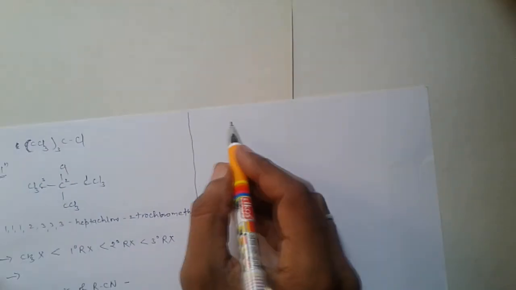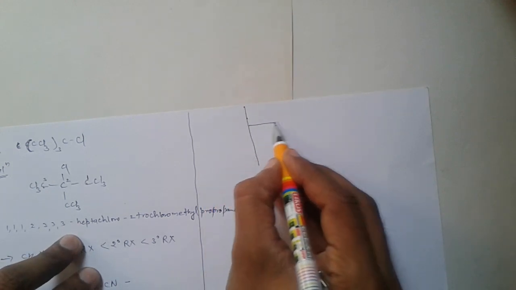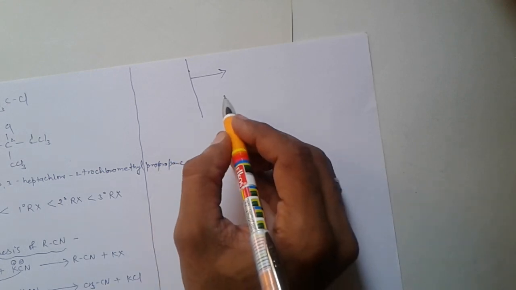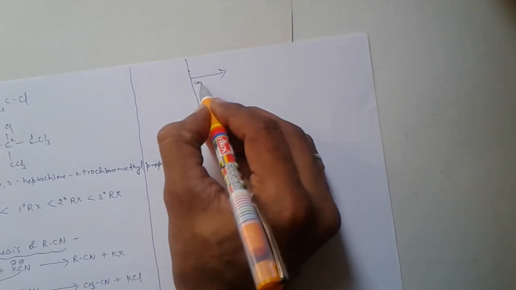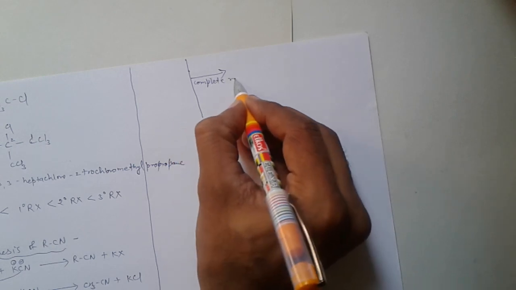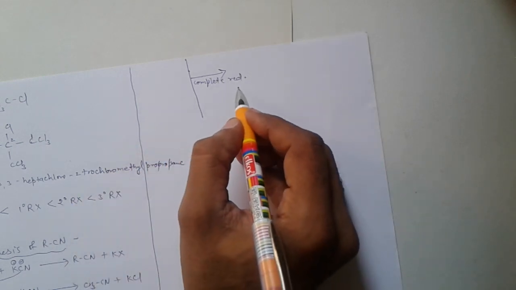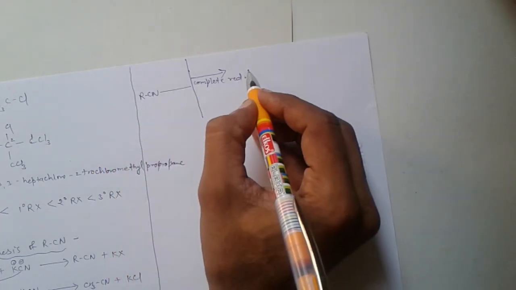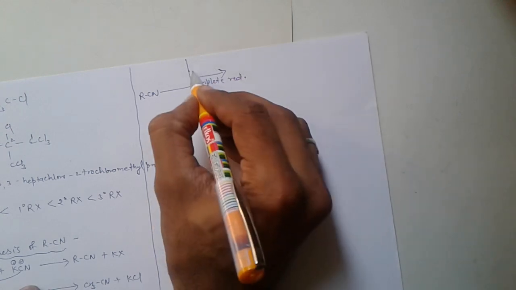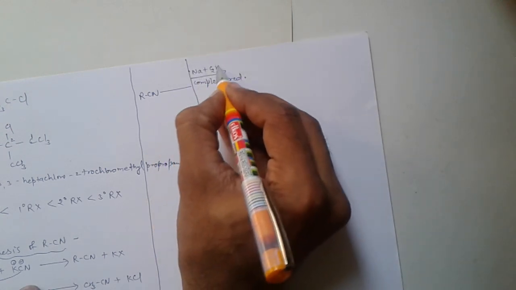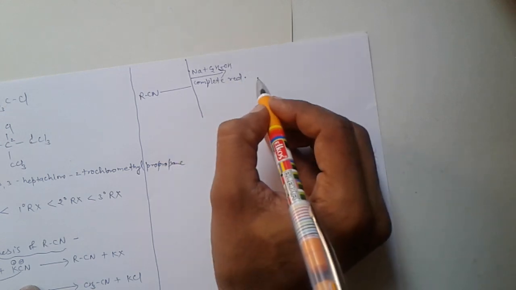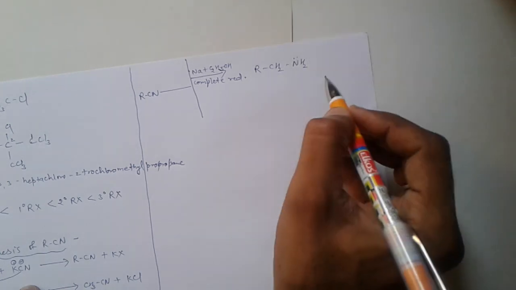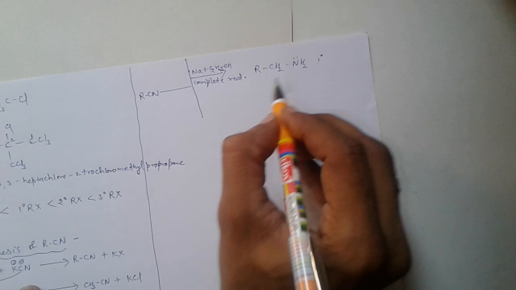Now next, in the third reaction, by complete reduction of alkyl cyanide, here the reducing mixture is Na plus ethanol, then 1 degree amine, very important, 1 degree amine is formed.